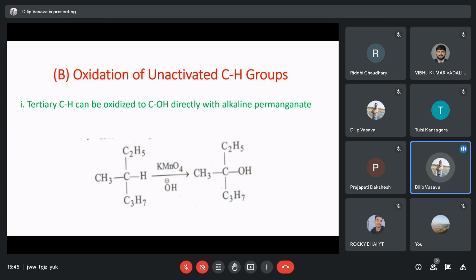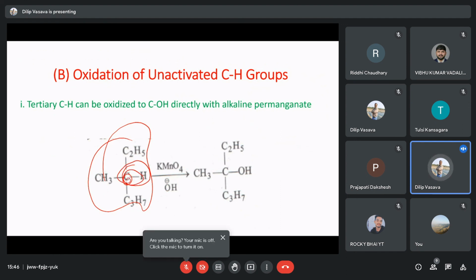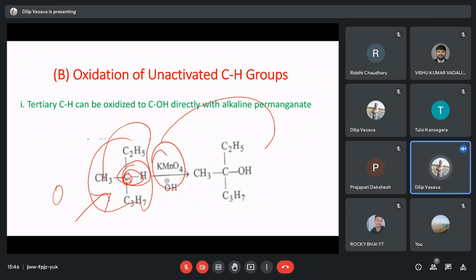Now this is an unactivated CH group, because it is purely hydrocarbon, and it is required to oxidize this carbon atom because it has a zero-level oxidation state. So KMnO4 is able to oxidize it because only one H is there, so an OH group is forming. This is the unactivated CH group example.